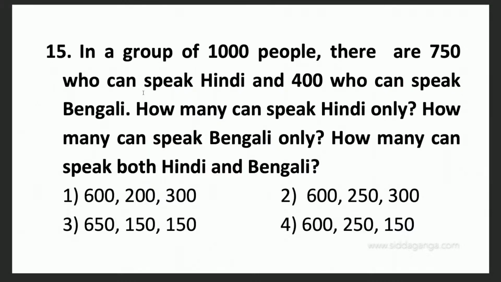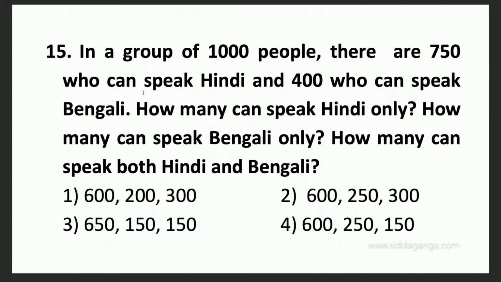In a group of 1000 people, there are 750 who can speak Hindi, 400 who can speak Bengali. How many can speak Hindi only? How many can speak Bengali only? How many speak both Hindi and Bengali?